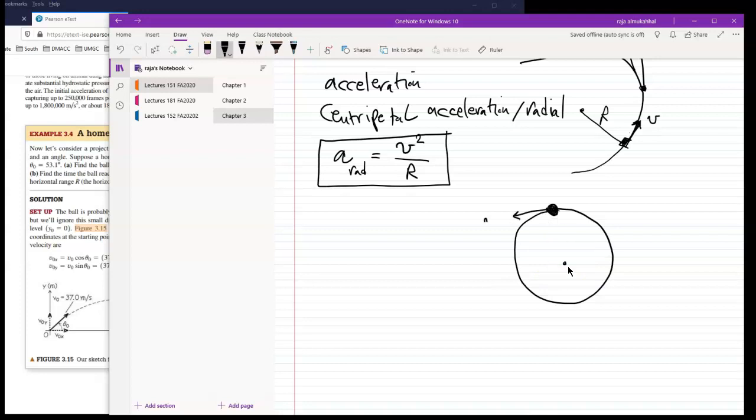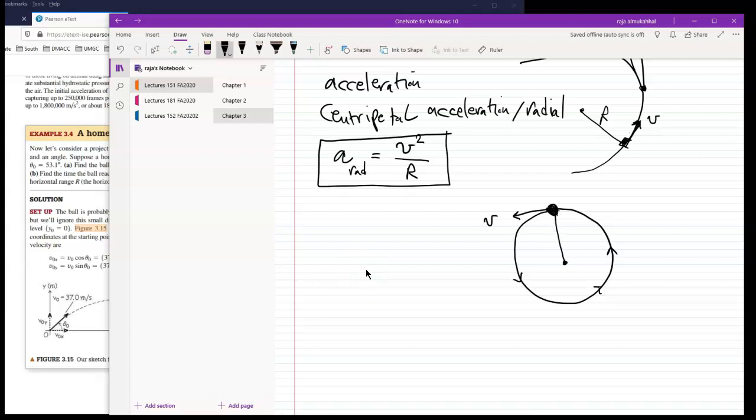It's going around, this is the velocity, this is the radius right here. And as it goes around in a circle, you will have that radial acceleration. The direction of this acceleration is toward the center, in the radial direction.